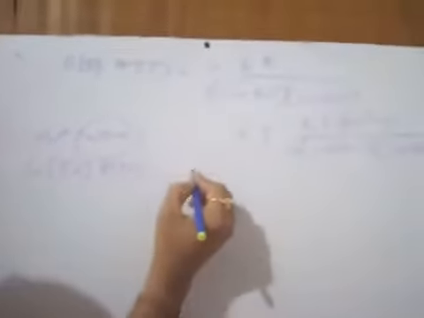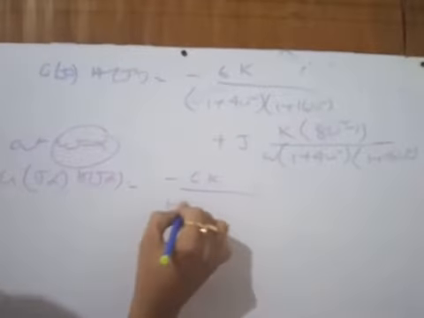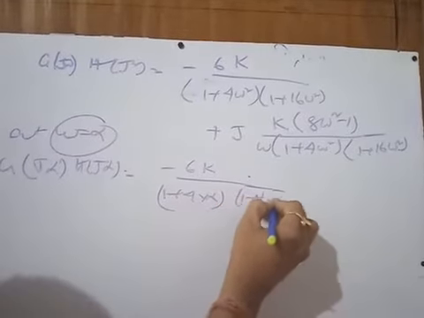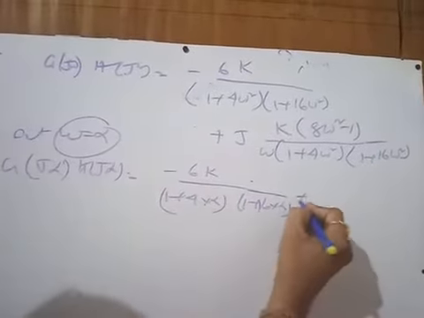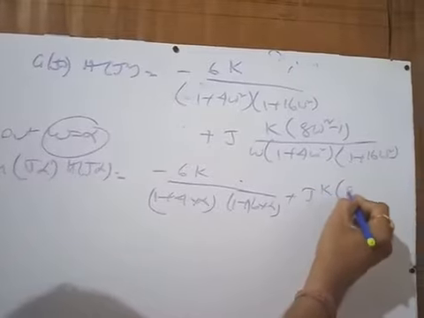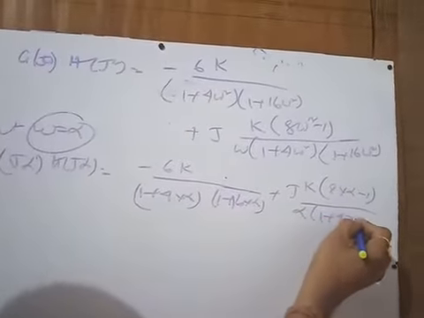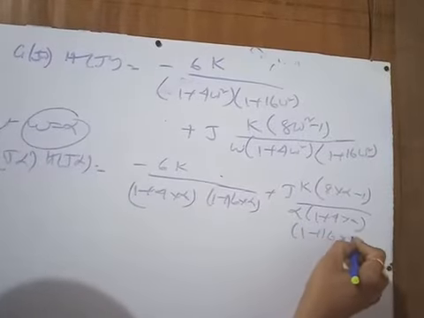At omega equal to infinity, just put the value of omega as infinity: 6k by (1 plus 4 into infinity) into (1 plus 16 into infinity), plus jk times (8 into infinity minus 1 by infinity) by (1 plus 4 into infinity) into (1 plus 16 into infinity).